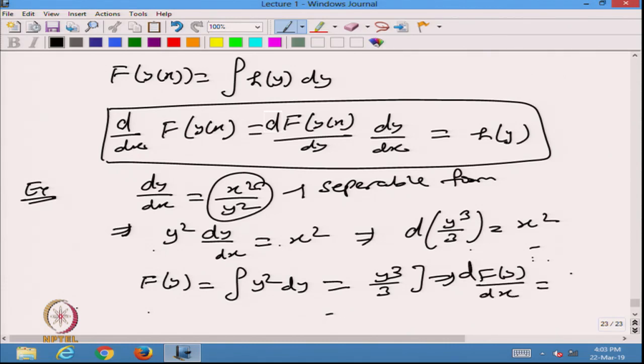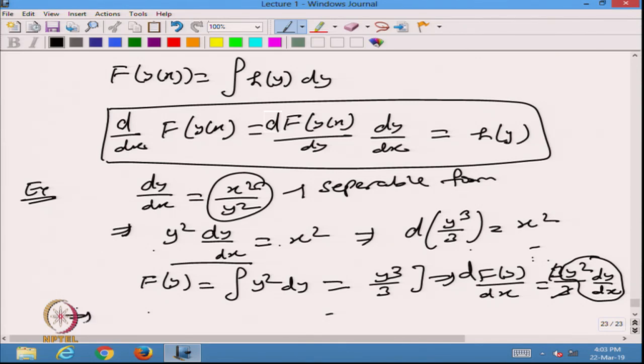So, this can be written as 3y square by 3 into dy by dx. So, this will cancel out and you will get this factor, and that is the same as this factor. So, from here I am able to find my capital F(y), that is the integration of this.